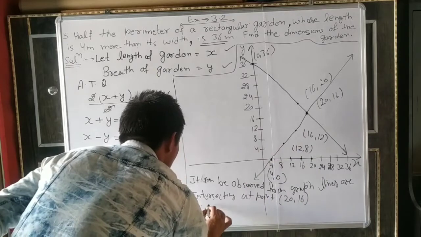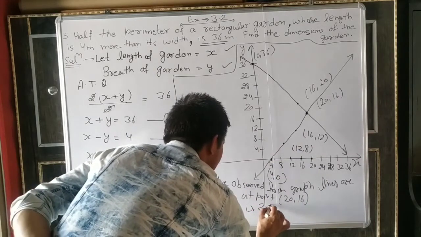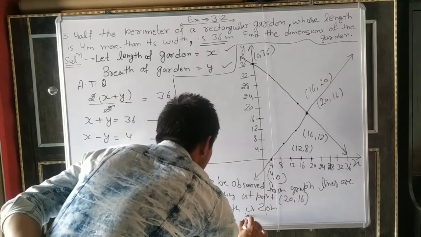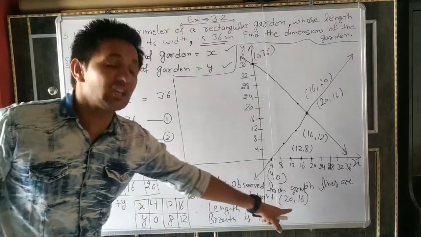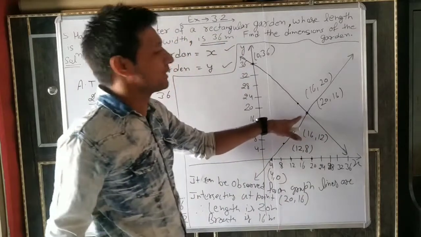Therefore, length is 20 meters and breadth is 16 meters. This point should satisfy both equations, because this is the solution of both equations.